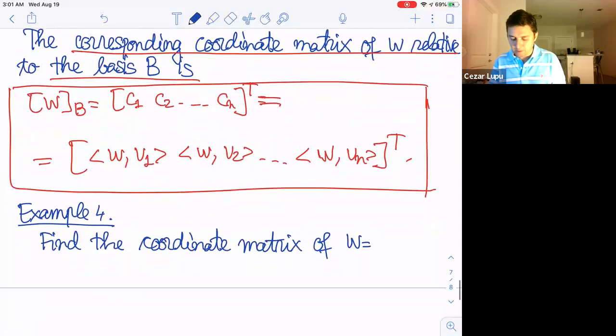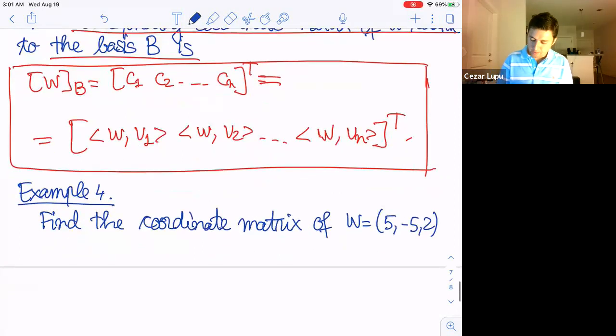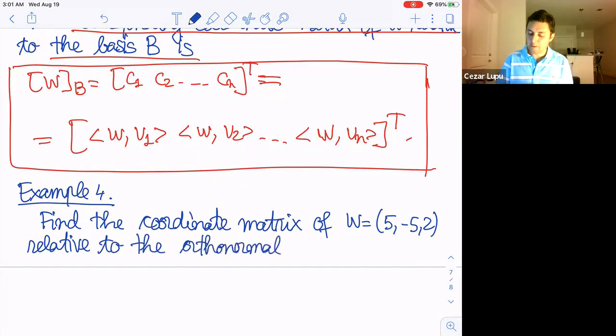Let's say W will be, let's pick a vector in R3, (5, -5, 2), relative to the orthonormal basis B for R3 below.